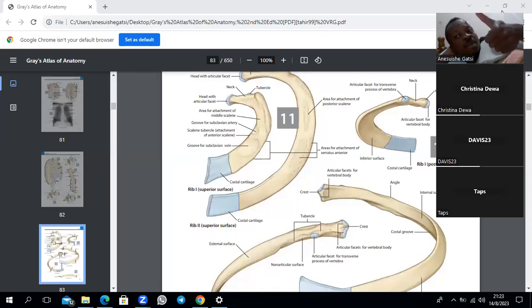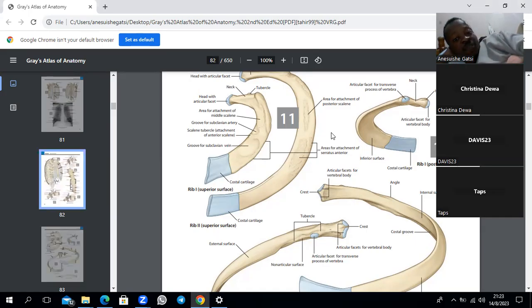Typical is a rib that has all the characteristics that are supposedly ascribed to a rib. Those that are atypical have unique features, or they lack the features that you see on the other ribs, right? So that one is structure based, which is the picture here.